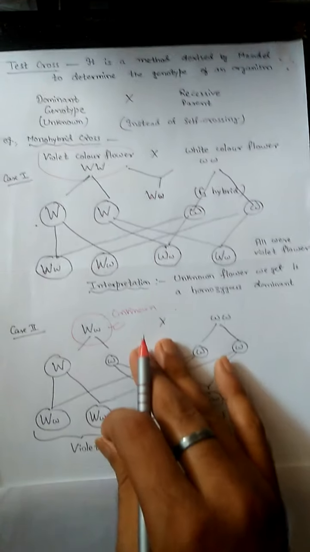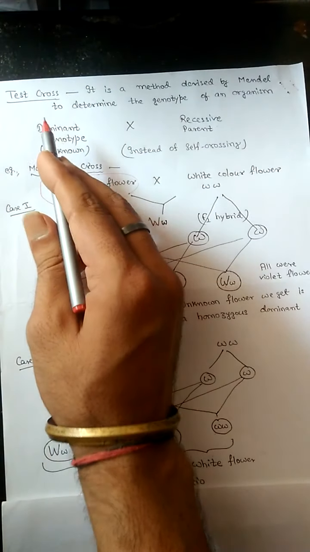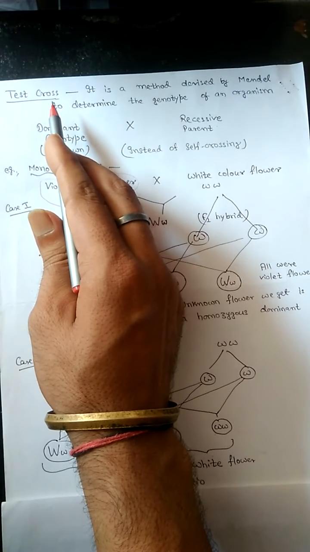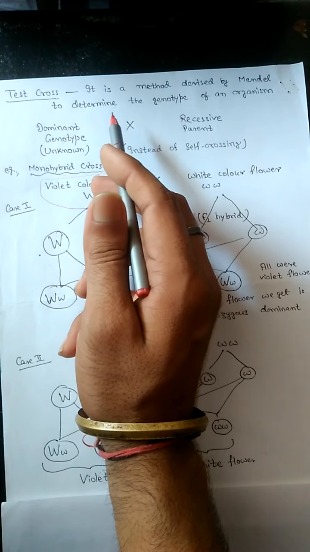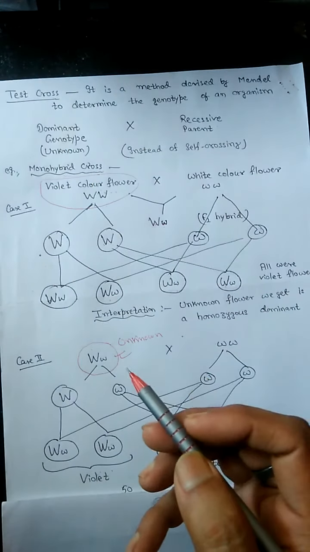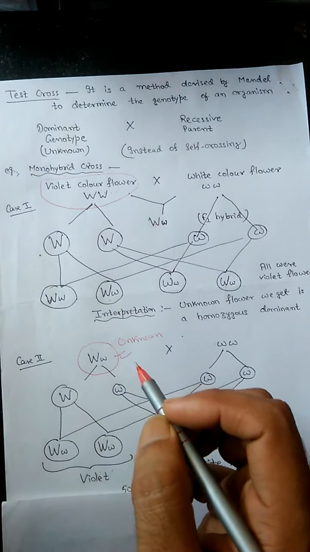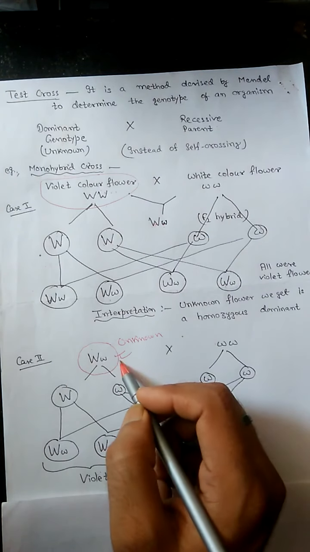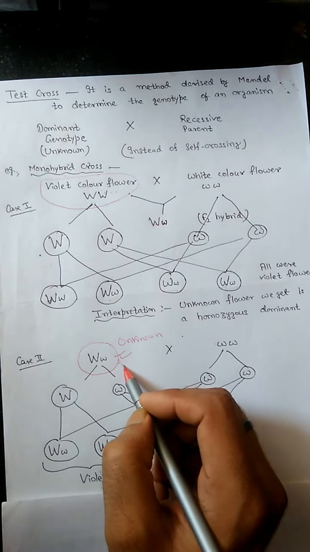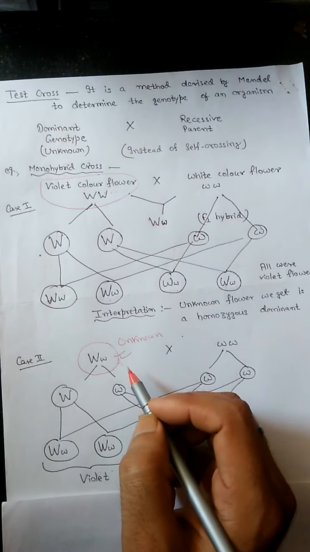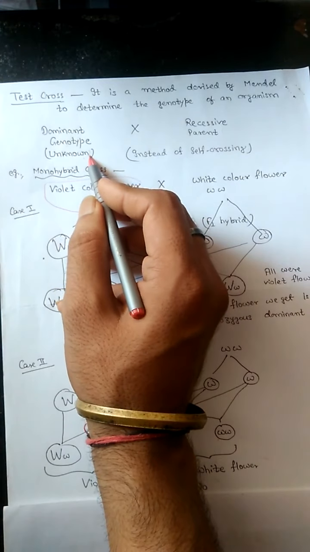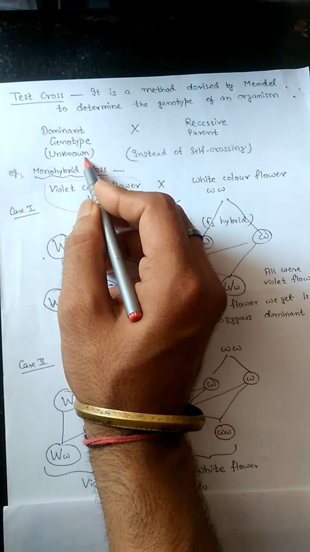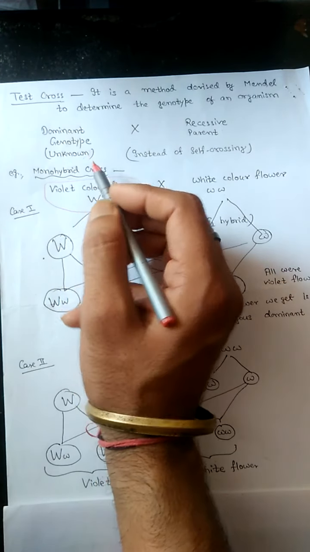So it is a case of test cross, meaning we obtain the genotype of an organism, and on this basis we come to a conclusion about the parent type, especially the dominant genotype. What will be the genotype? The dominant genotype of the unknown one.